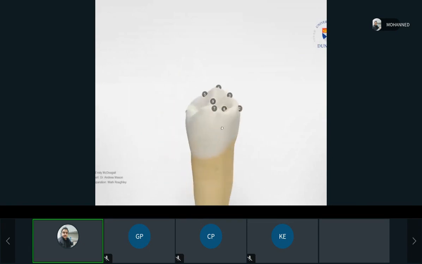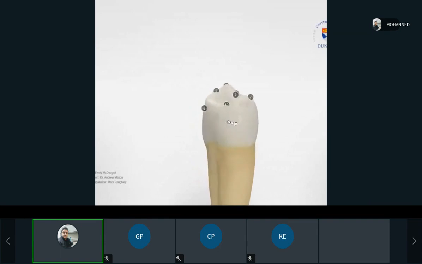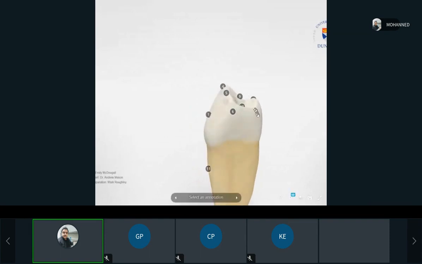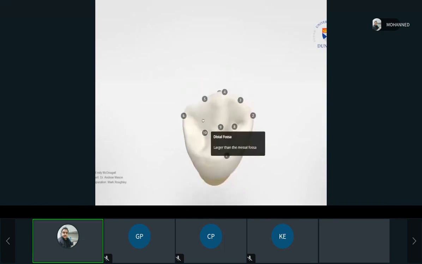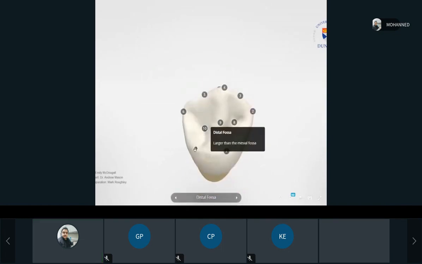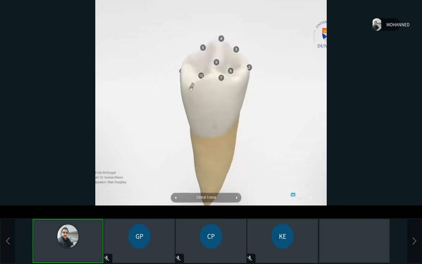You can see it has a really small cusp here. One of the main features that we can see is this mesiolingual groove. This is the lingual side and this is the mesial side. There is a groove that extends a little bit from here down to the lingual side of the tooth. So it extends a little bit more down here. I think on the picture on the handout, it's actually a little bit more clear.